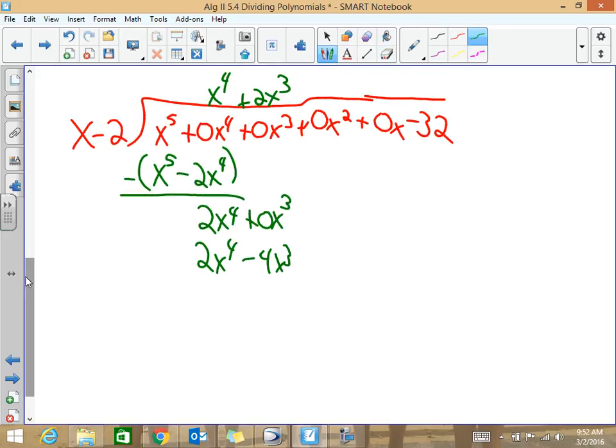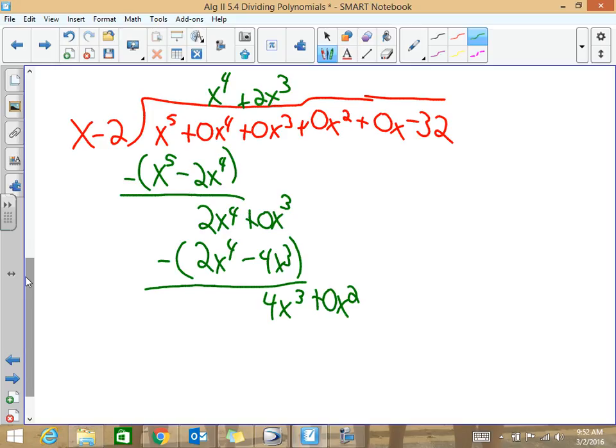And then we subtract. So 2x to the 4th minus 2x to the 4th cancels out. 0x to the 3rd minus a negative 4x to the 3rd gives us a positive 4x to the 3rd. And we bring down our x to the 2nd.